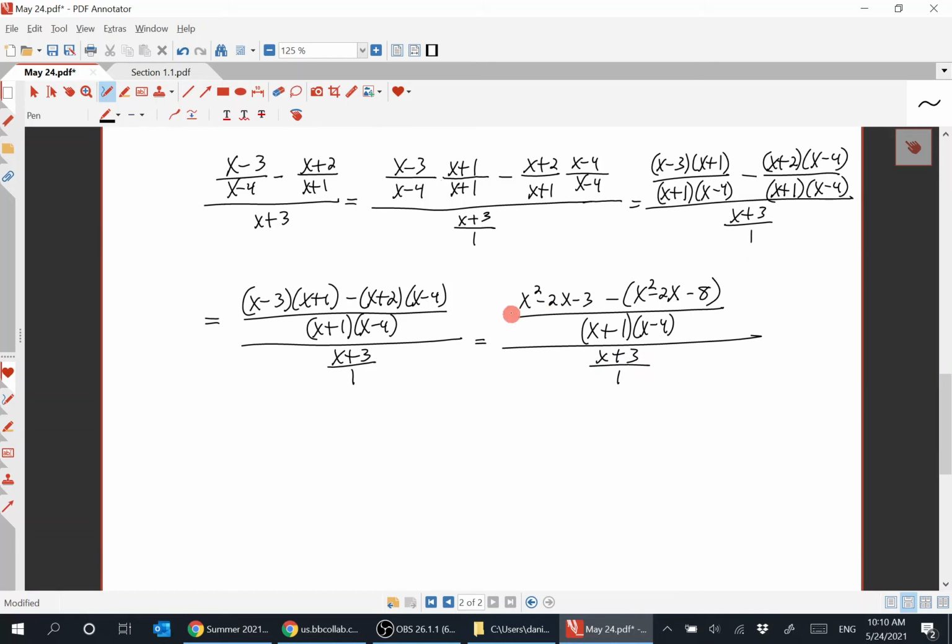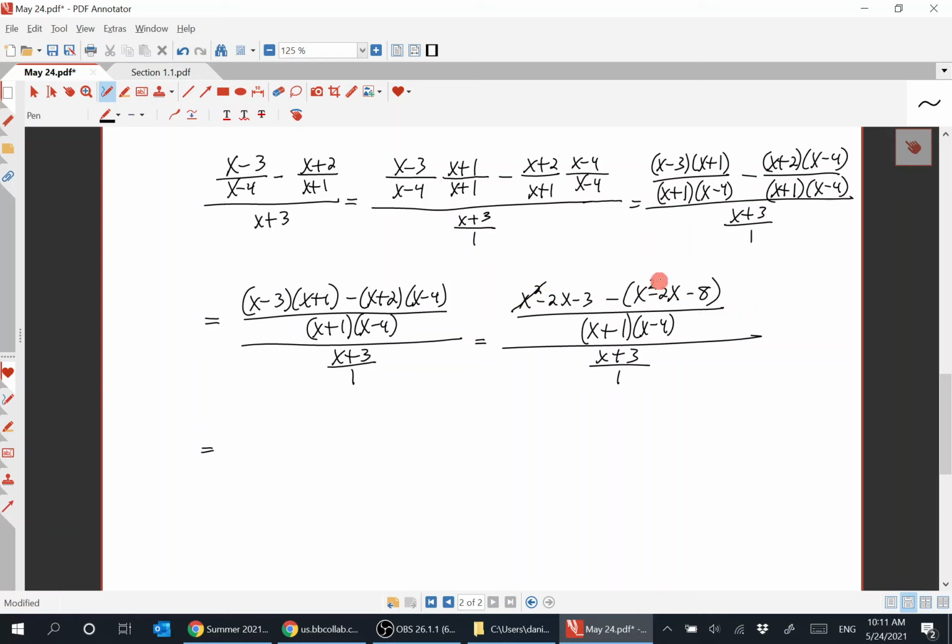Now let's do the simplification here. Minus 3x plus x is minus 2x, plus 2x minus 4. That's surprising. So here on the top, x squared minus x squared is 0. Minus 2x minus 2x, that's 0.